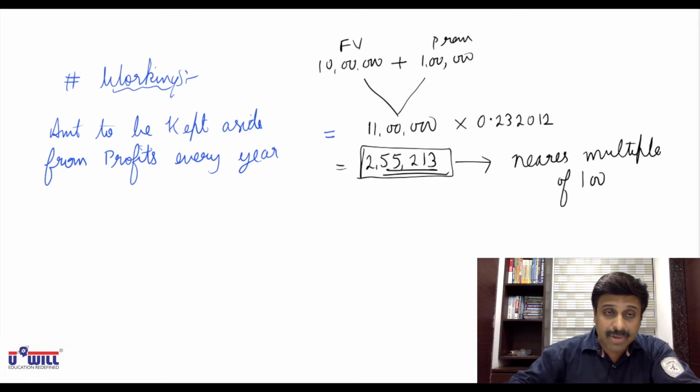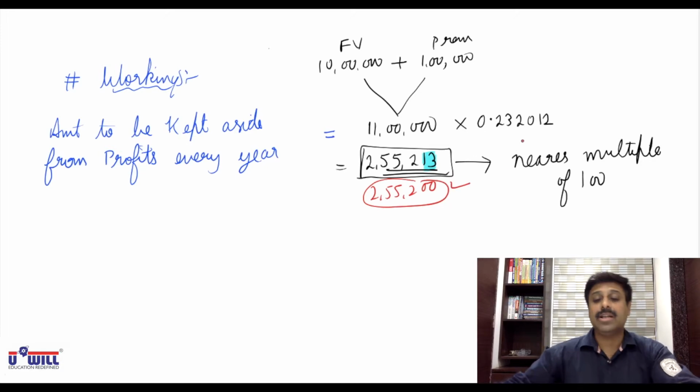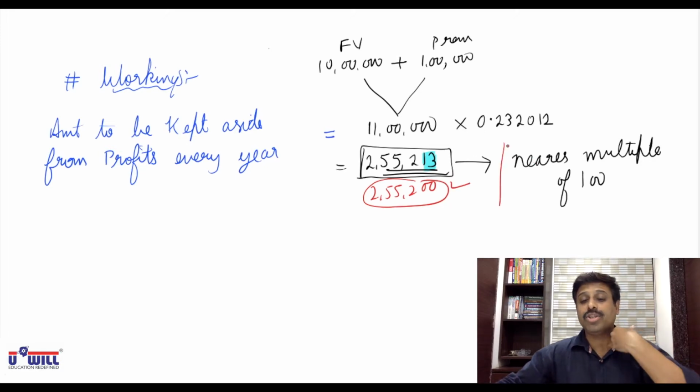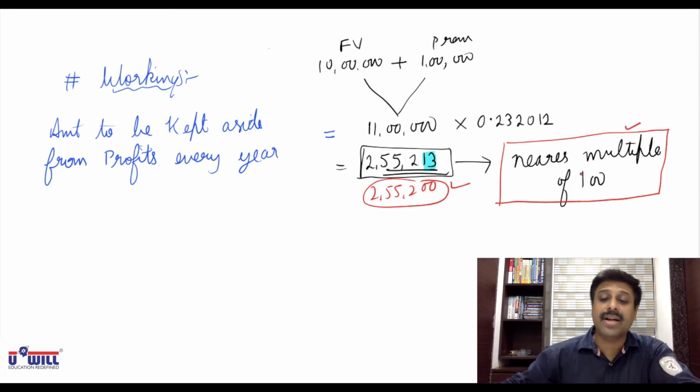Can I say the nearest multiple of 100 would be 2,55,200? So when we invest the money, we will invest 2,55,200. Means as per the question, we will be investing the money in the nearest multiples of 100 only.